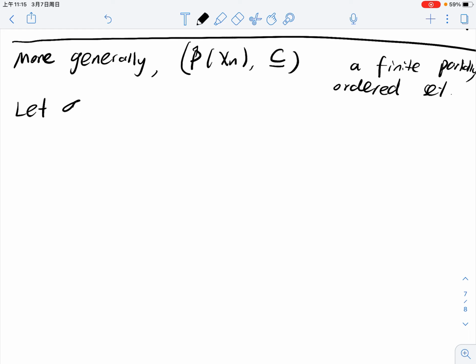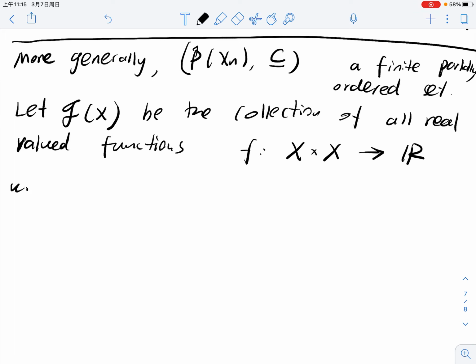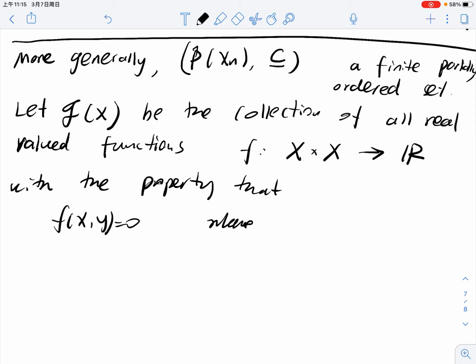So to do that, let's define χ_f(X_n) to be the collection of all real valued functions f from the Cartesian product X × X to R with the property that f(x,y) is 0 whenever x is not less than or equal to y.